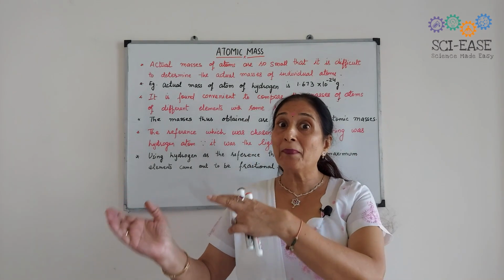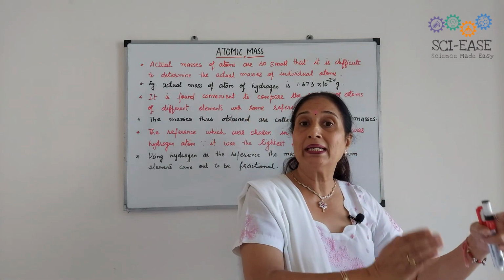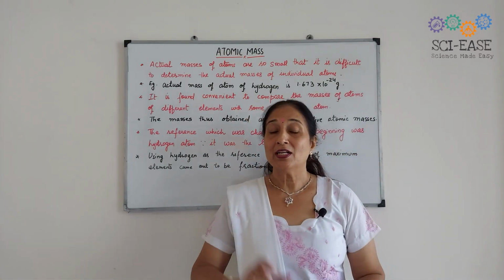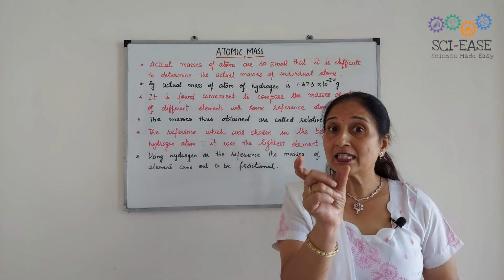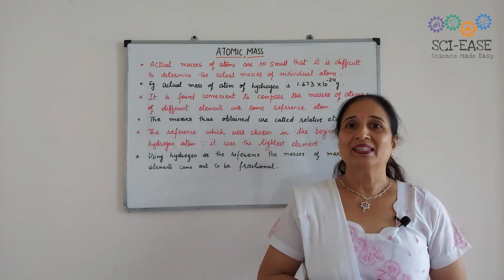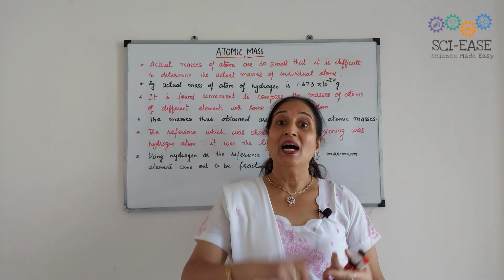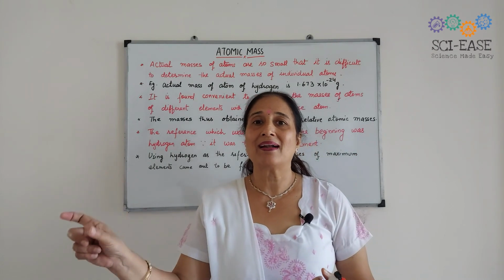Means you are comparing the weight of the onion with the 1 kg weight. So I have told you this term, relative. So in case of atoms also, relative atomic mass is taken.